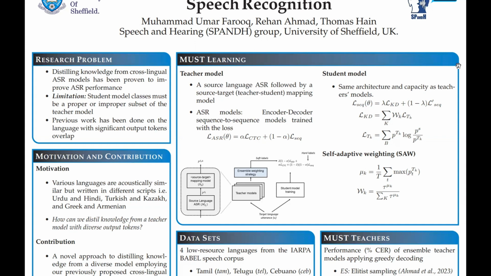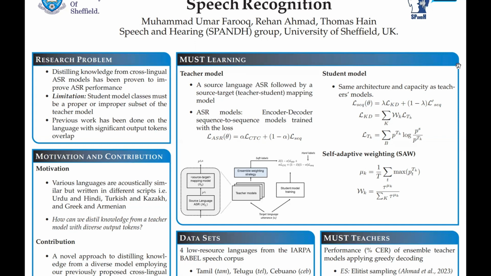So in multilingual speech recognition, we have a multilingual model which has the classes of all the languages it contains, and then the knowledge can be transferred to a language whose tokens are already in this teacher multilingual model.